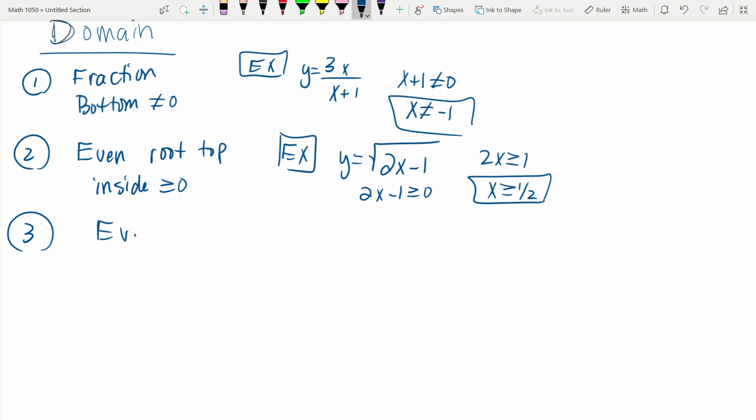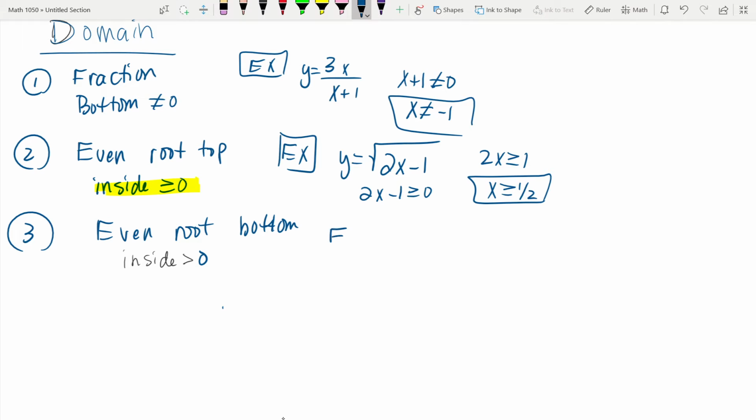The other thing is, if you have an even root on the bottom, you can't have a 0 on the bottom. So it's still greater than or equal to, only you have to drop the equal sign, because you can't have a 0 on the bottom. It's simple, you just say the inside must be greater than 0.